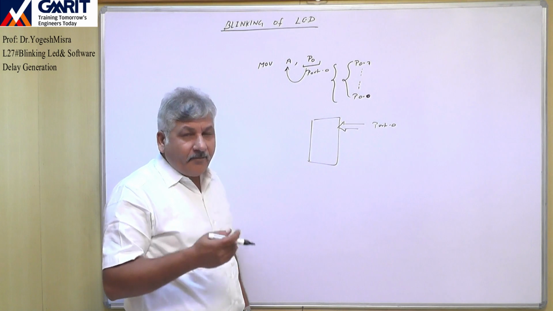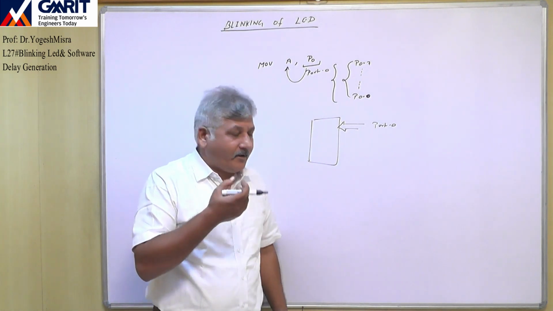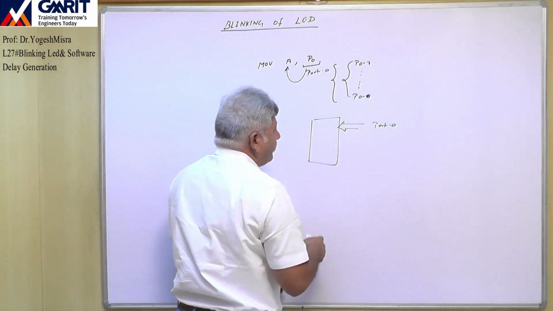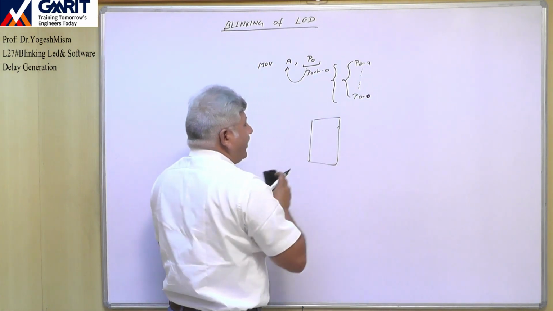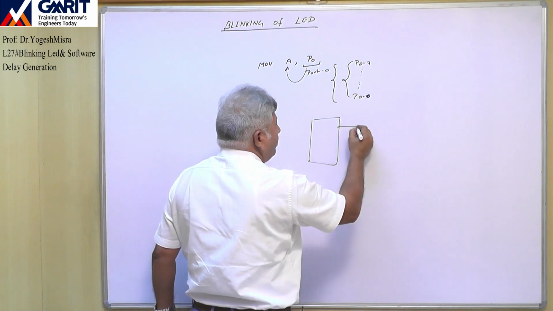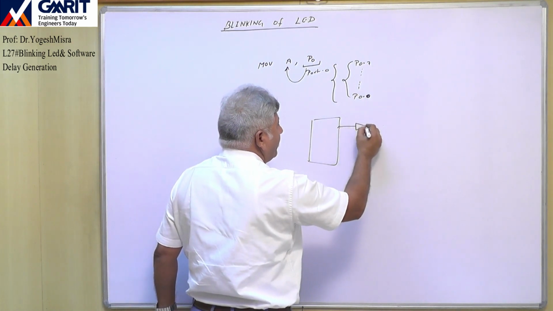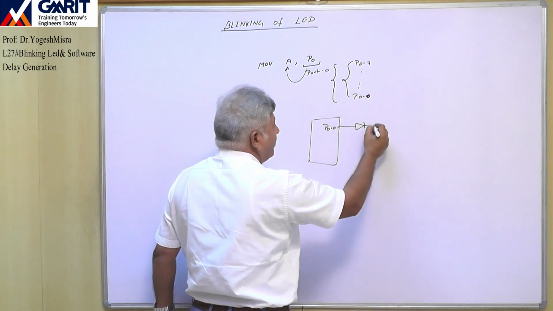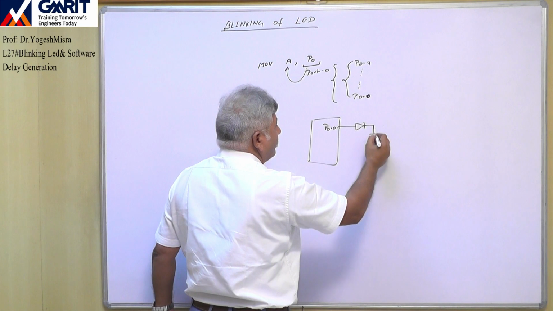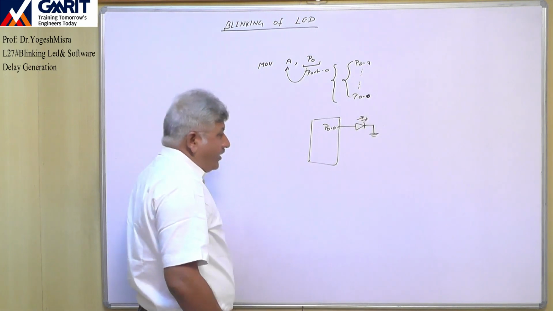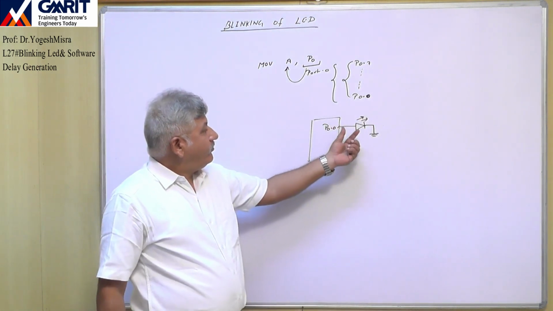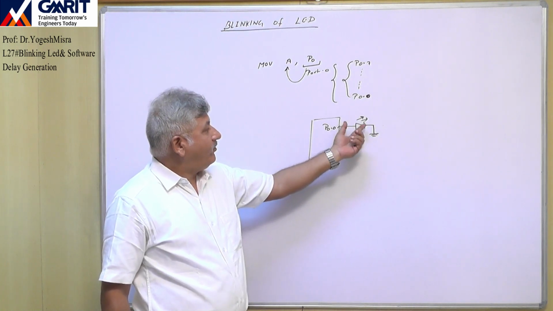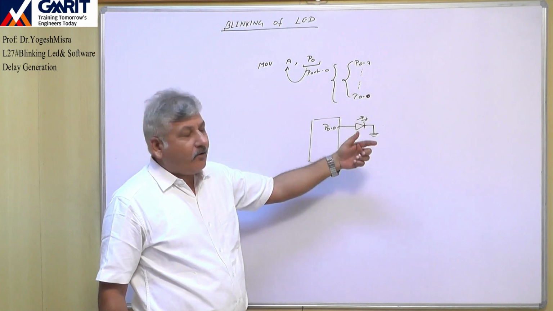Now if in any application we want to access only one pin, suppose in port 0 at pin number 0.0 we have connected one LED, and we want to glow this LED, blink this LED, make this LED on and make this LED off.